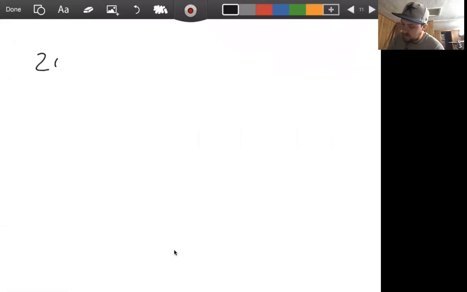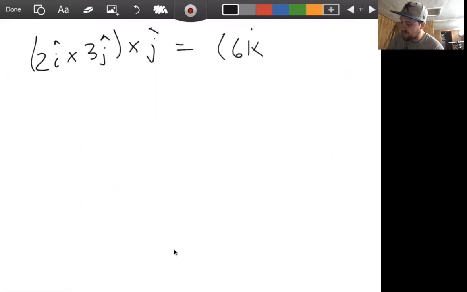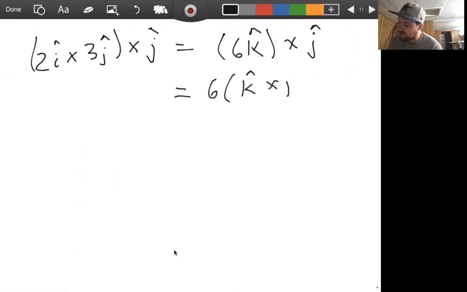I have 2i hat cross 3j hat cross j hat, which we've simplified so far to 6k hat cross j hat. I can use this third property again and put the scalar anywhere I'd like. And so this is the same then by property 3 as 6 times k hat cross j hat. And I think back to what k hat cross j hat was, and it's negative i hat.